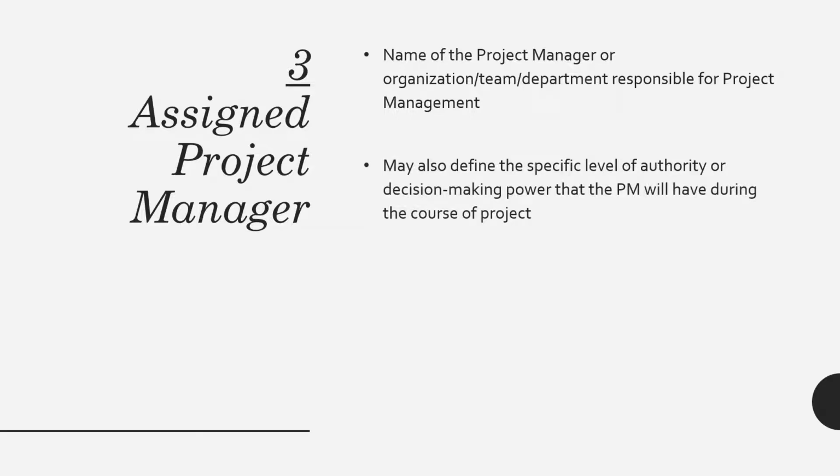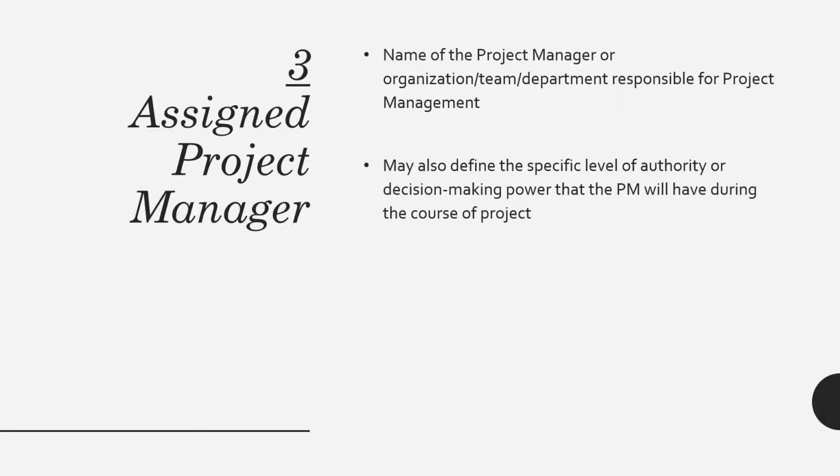And wait, that's not it, because a project charter may also define the specific level of authority or decision making power that the project manager will have during the course of the project. So this is again a very high level description of the kind of authority you can expect in the project.